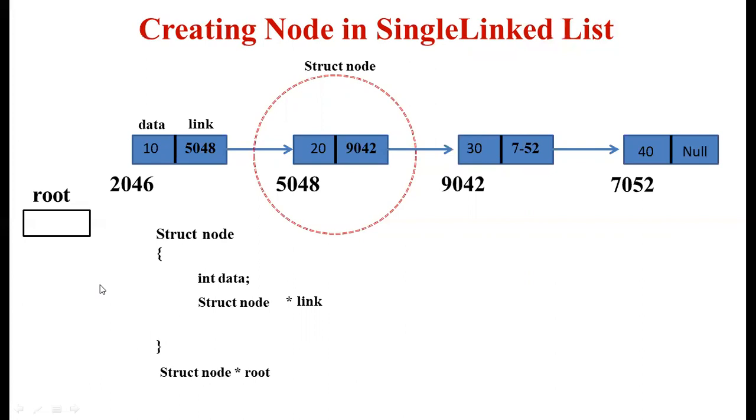The method we are using is the malloc method, which we use for dynamic memory allocation. So here it is malloc, and in its arguments what do we have to write? We have to pass how many bytes of memory it will occupy.